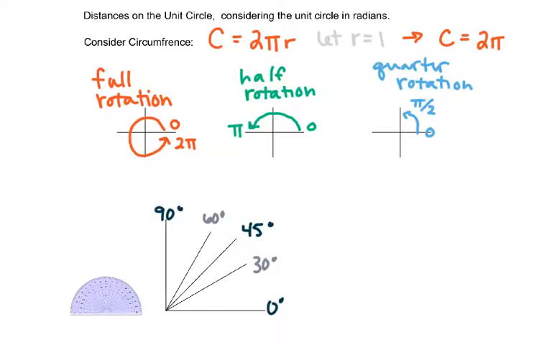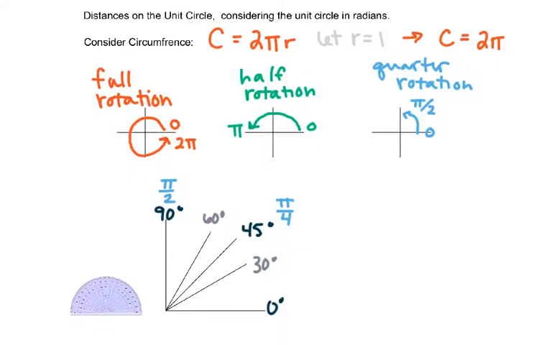Now, as we said up above, 90 degrees is equivalent to pi over 2 radians. So 45 is half of 90. If I take pi over 2 and cut that in half, pi over 2 times 1/2, that gives me pi over 4. Half of 90 is half of pi over 2, which is pi over 4. And 30 and 60 are thirds of 90.